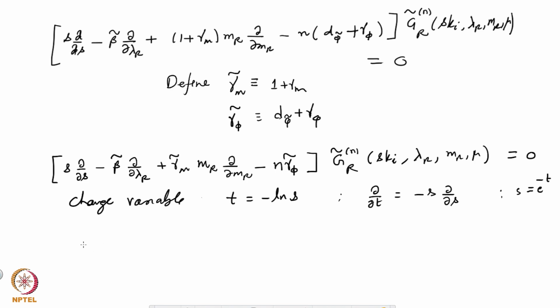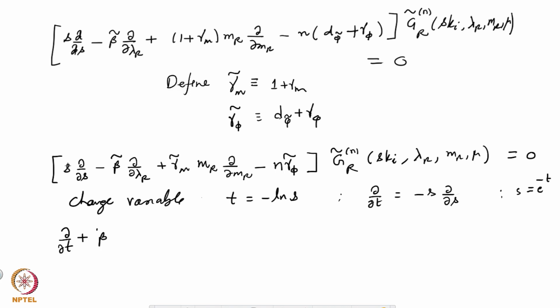which will give me del over del T plus... so what I'm doing is del over del S is minus del over del T. I'm then multiplying this entire equation by a minus sign.